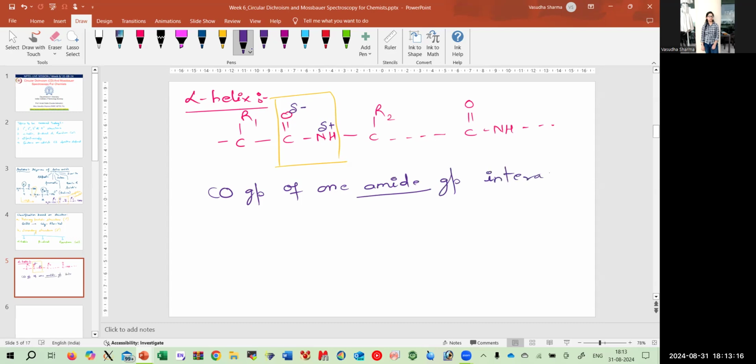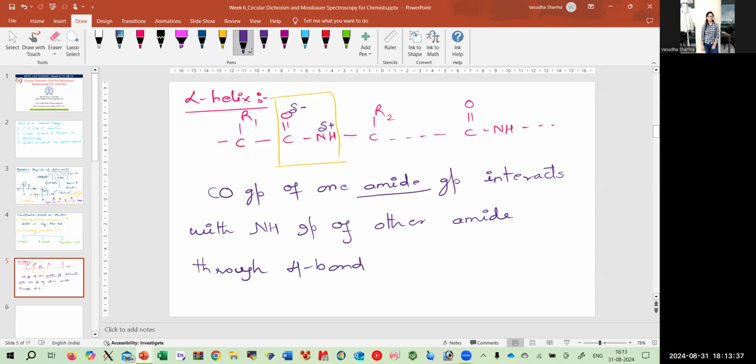Once this protein linear chain has been formed, that interacts with the NH group of another amide present in that particular chain. It could be through hydrogen bonding or some electrostatic interactions.